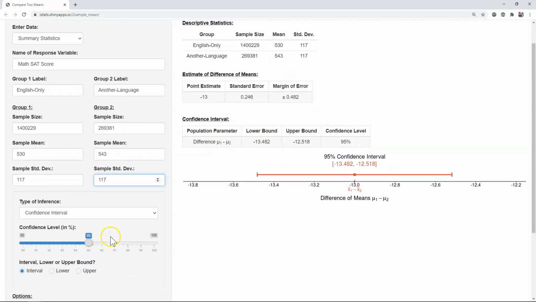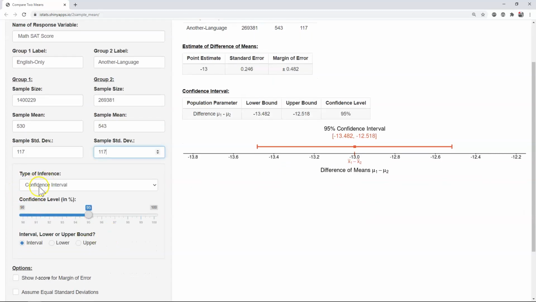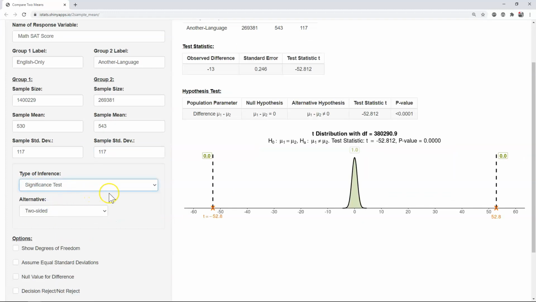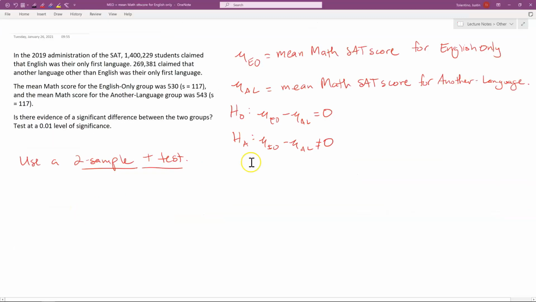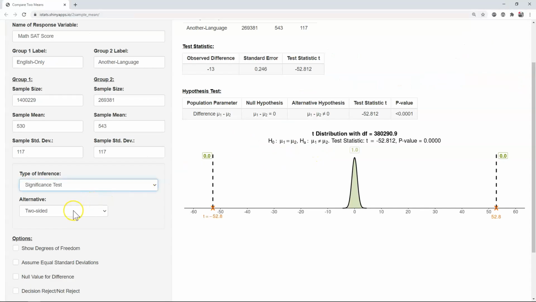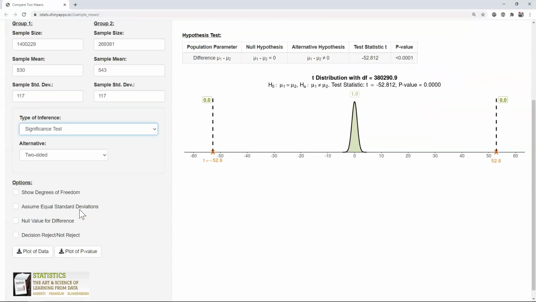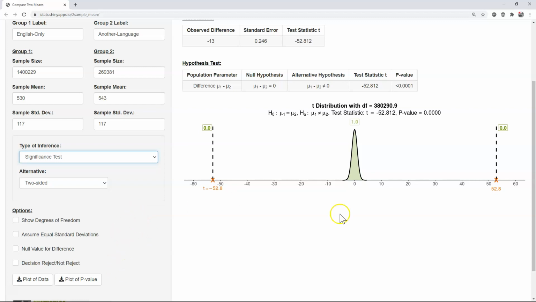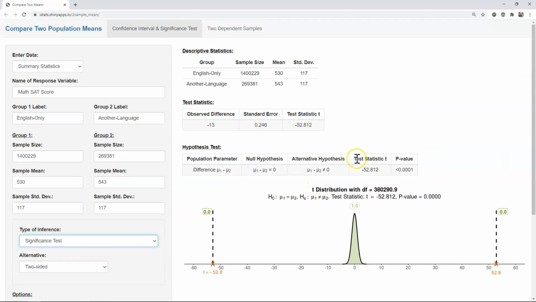And lastly, the method that we're using here is no longer a confidence interval, but rather a significance test, a hypothesis test. When we look at our alternative, we see that it's a two-sided alternative with a not equal sign, so we can leave that as two-sided. And so we get our results here.